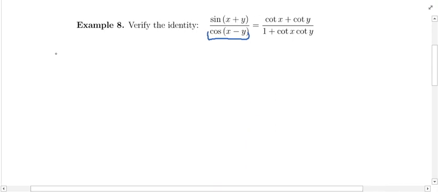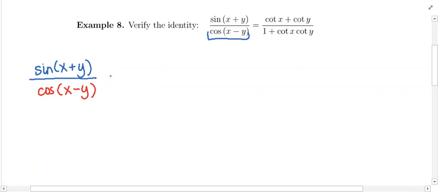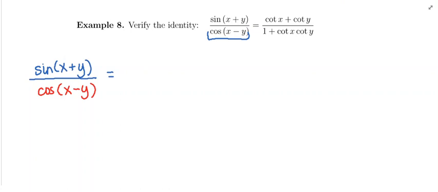So I'm starting with the sine of x plus y, and I'll color code this. In the bottom, we have cosine of x minus y. Let's apply the sum and difference identities. For the numerator, we need the sum formula for sine.